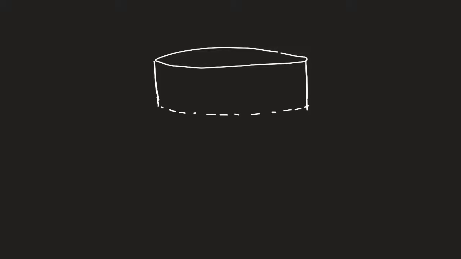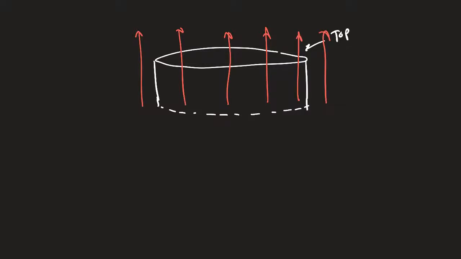I'm just looking at the top right now. There's going to be electric field here, here, here, and it goes on forever. But every piece of electric field pierces the top in the same direction. Is everybody okay with that?